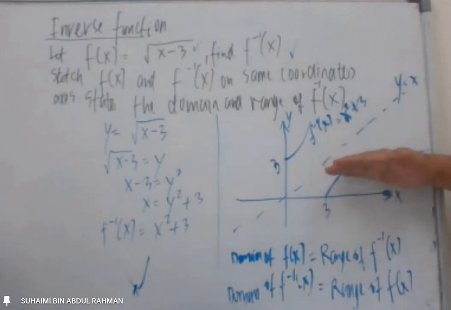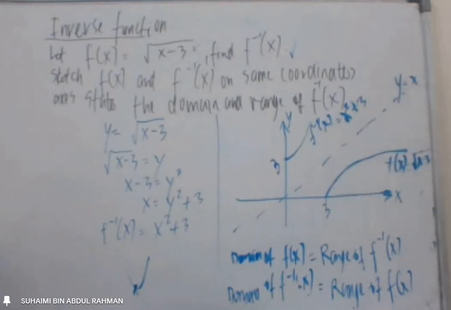So the function is a one-to-one function. If you drag and you see more than one point, the graph is not a one-to-one function. To know whether it is one-to-one or not, we just drag that line. That's what we call the horizontal line test.